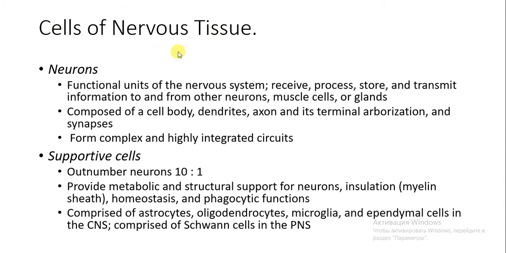Cells of nervous tissue. We have neurons and supportive cells. Neurons, functionally, we have all discussed. They are the functional units of the nervous system, and all the effects we heard about nervous tissue, the transmission of signals and information from one neuron to another, and also to muscles or glands, are made by neurons.